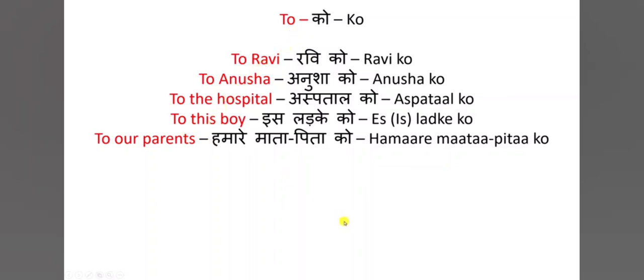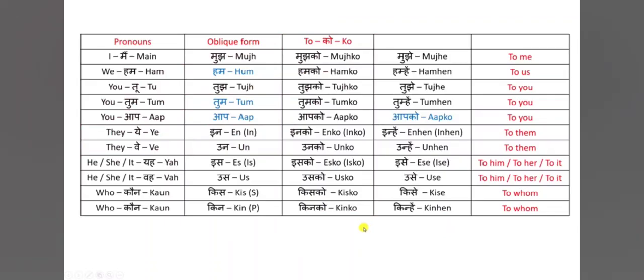Now this is about to plus nouns. Now let us learn to plus pronouns. In this column, we have pronouns. In this column, we have the oblique forms of the pronouns. We know that we have to use oblique forms with post positions.